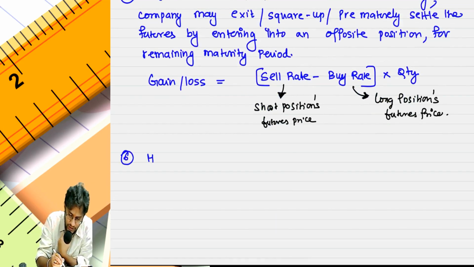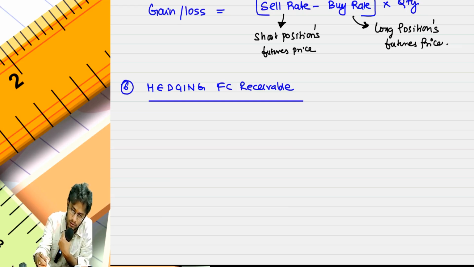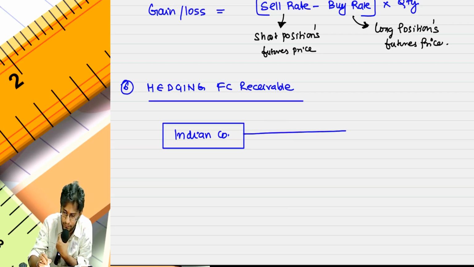Now we have to do the hedging action. Hedging FC receivable. Since you did this analysis in options, this will be very easy for you. There is an Indian company with a dollar receivable in 3 months.